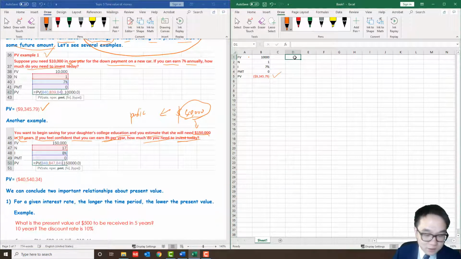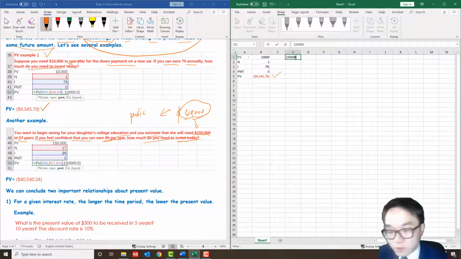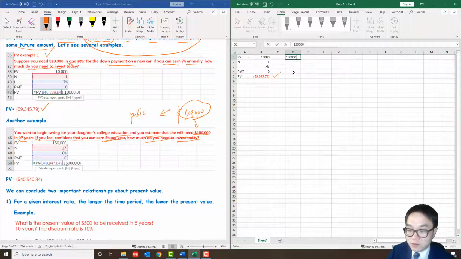Future value, how much is it? You need 150,000, right? It's the money that you need to get in 17 years. You can put it as a positive number, or you can put it as a negative number. It doesn't matter.